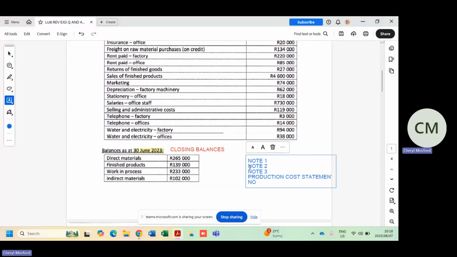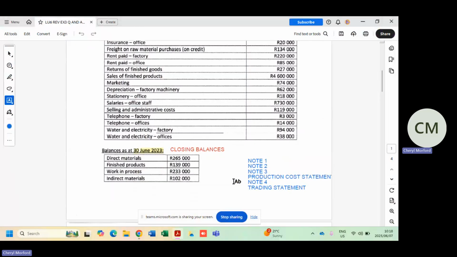Then we're going to do note 4, which is the cost of the finished goods sold, and then finally the trading statement. So I'm going to take you through all of those in the correct order.